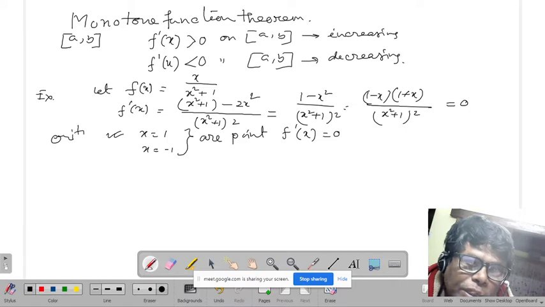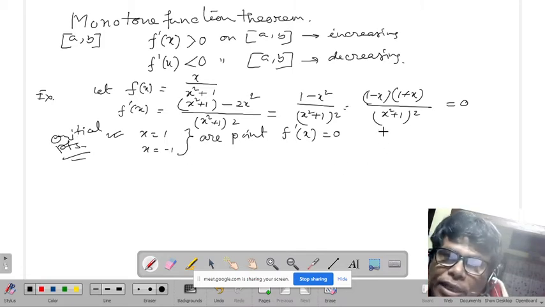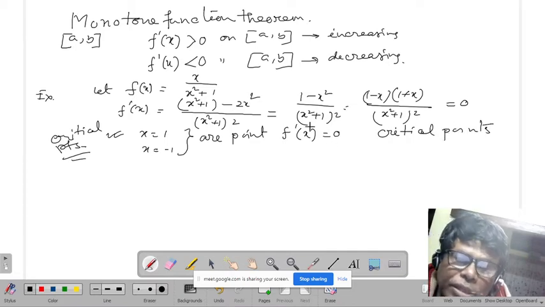Remember this fact. The first derivative is 0, that means the tangent at this point of the curve becomes parallel to the x axis, and these points are known as critical points. So to find the critical points, you have to take the first derivative and make it 0.